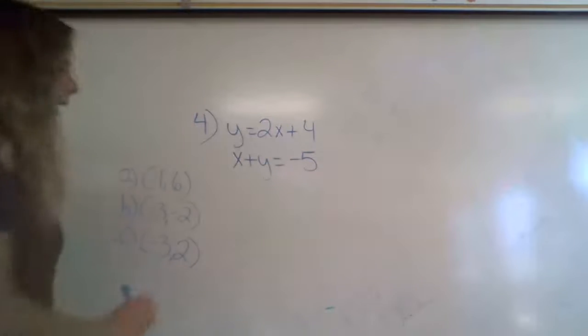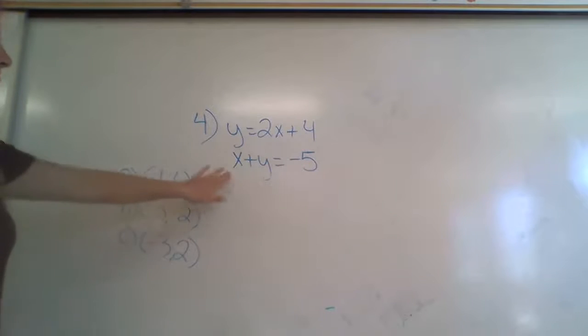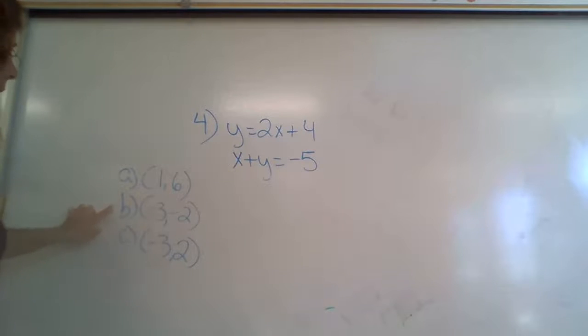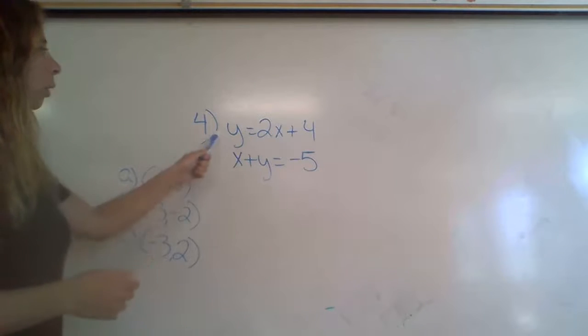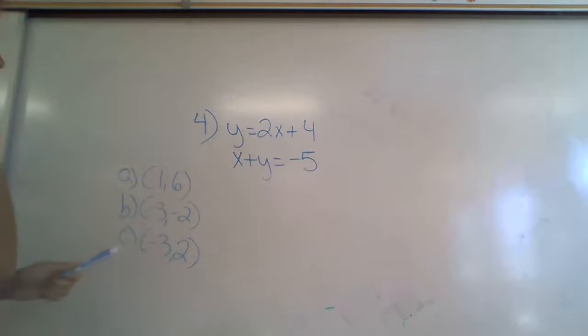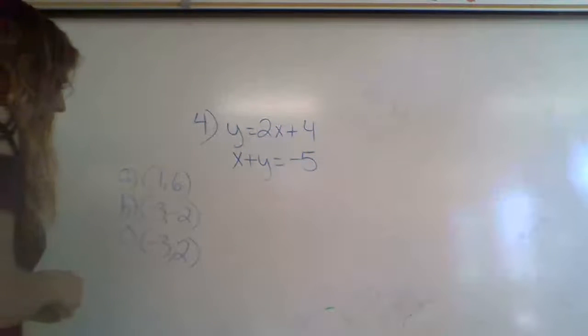All right, this is what is given to you on number 4. They give you 2 equations, and they give you 3 points. So we have to figure out which point works in both. Okay? Keyword, it must work in both.